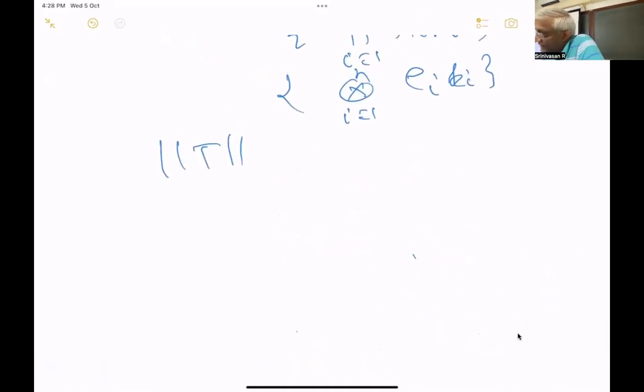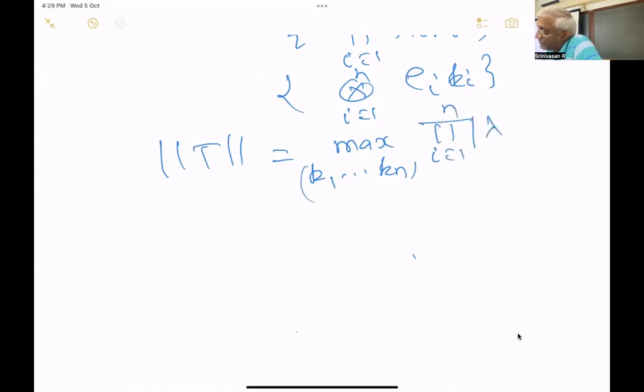So norm T is equal to, here it's still finite, it's a finite product, the maximum over k_1 up to k_n of the product over i equal to 1 to n of mod of lambda_i k_i.